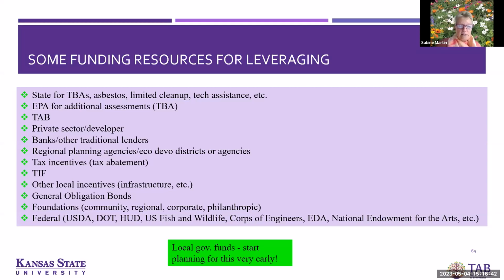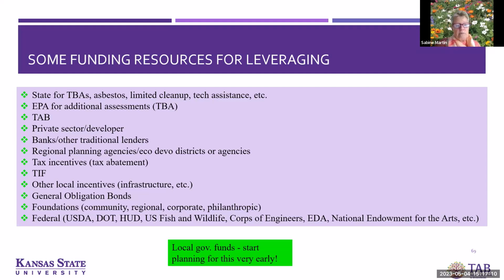Local incentives, tax incentives, TIF, tax increment funding. Most local governments have access to general obligation bonds. You can use those. Other local incentives could, for example, be help with infrastructure. Don't forget foundations, like the philanthropic aspect. There are community foundations, there are regional, there are corporate foundations. So that's a little bit of thinking outside the box here. And then, of course, you have other federal resources.